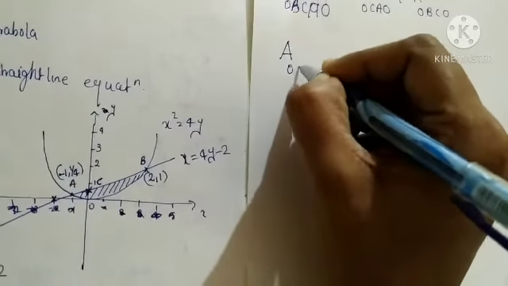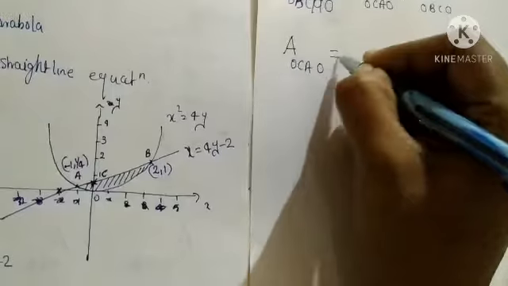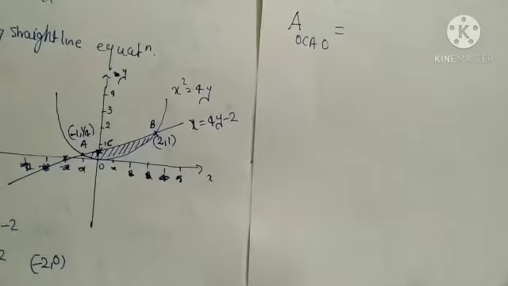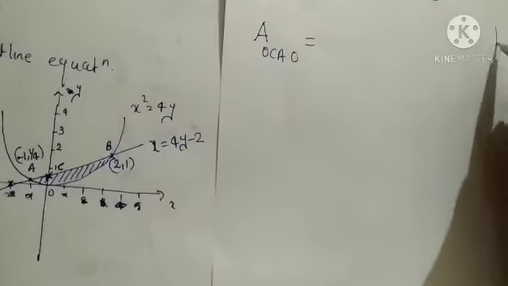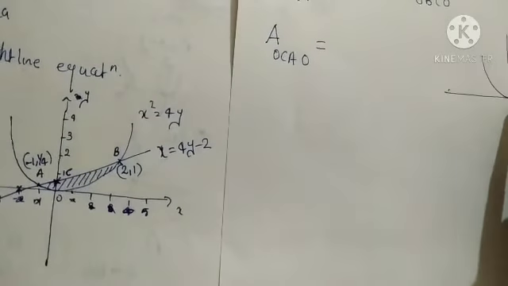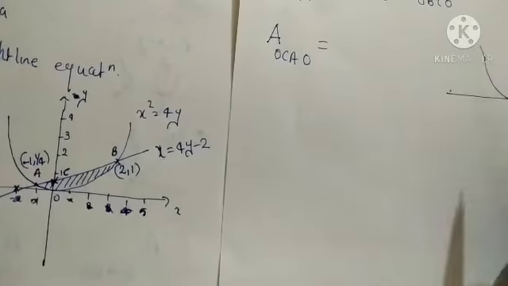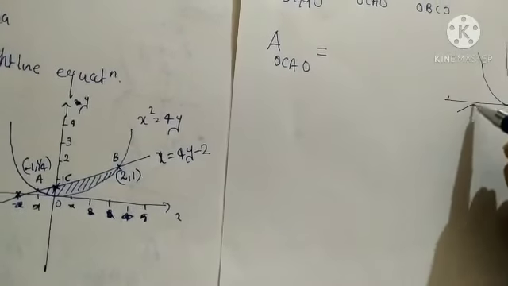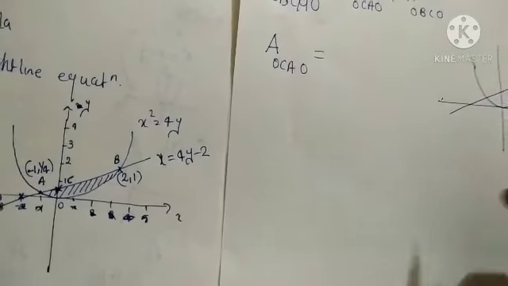Area of OCAO is equal to. So here, I'm going to draw a separate graph. So it's a very small region.